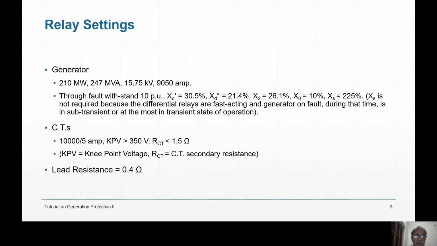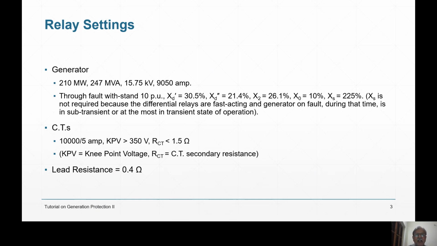Through fault withstand given by the manufacturer is 10 per unit. 10 times 9050, 90,500 ampere. It can withstand that for a small time, right? So you have to consider that current as the fault current for deciding the value of stabilizing resistance.